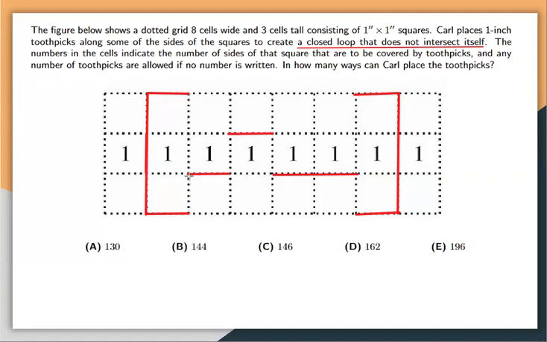Since I need to close this one, I need to connect this, and then I cannot cross this, so I should go this way, and that will make this closed shape. And then from here, I cannot touch here, so I should go all the way here and connect with this. Since I cannot go this way, I should go up and do this way.